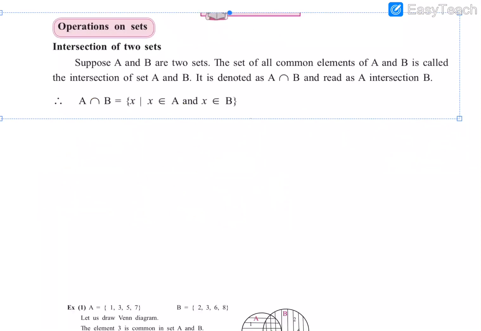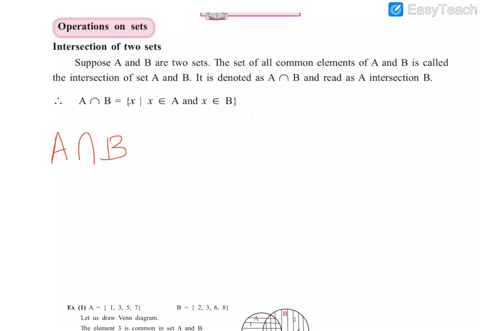So now we are going to operations on sets. The first operation on sets is intersection of 2 sets. So suppose A and B are 2 sets, then what is the intersection of A and B? Intersection of A and B is represented like this.